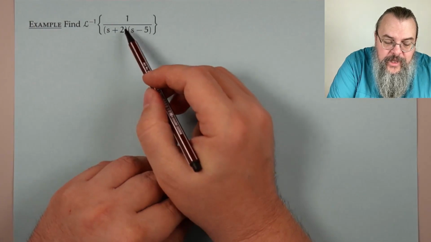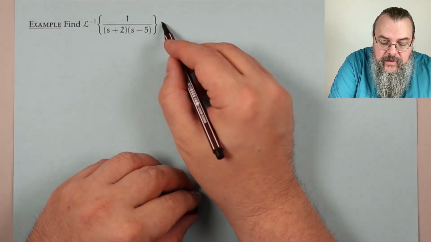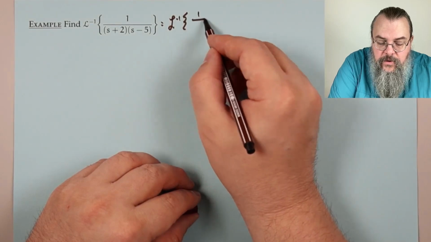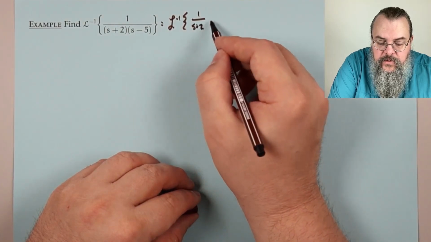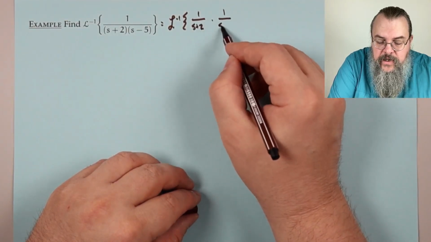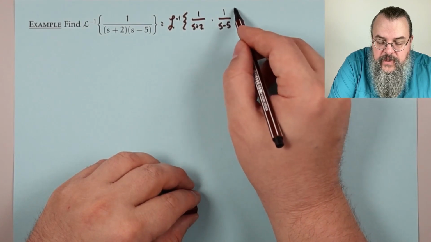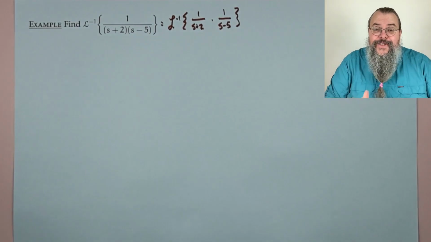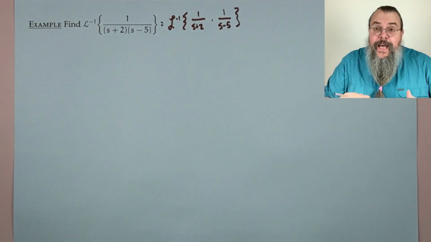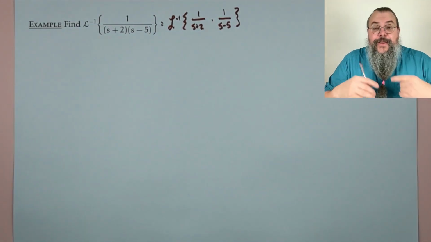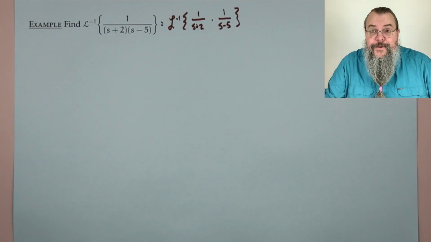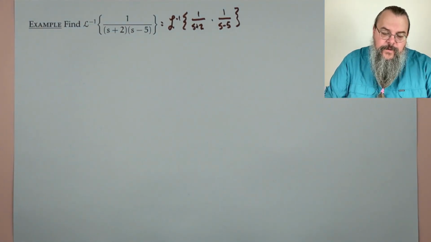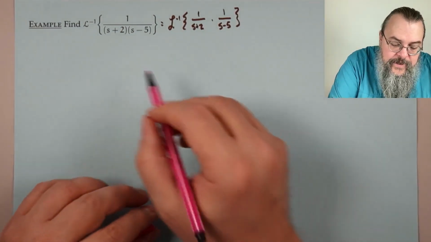Well, we can think of this as saying this is really the inverse Laplace of 1 over s plus 2 times 1 over s minus 5. And now we say, oh, it's like we have a multiplication going on. And when we have a multiplication going on, that can turn into a convolution. All right, so what's happening? Well, individually we can find these.